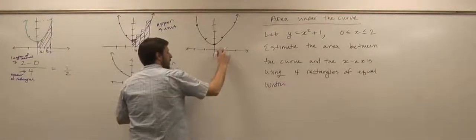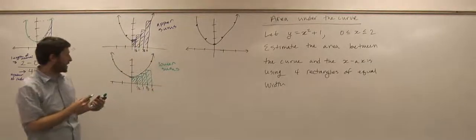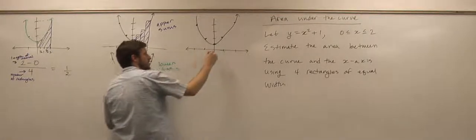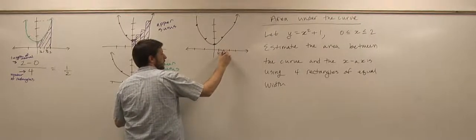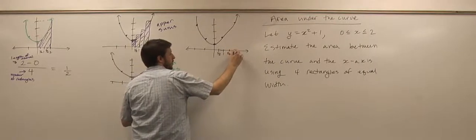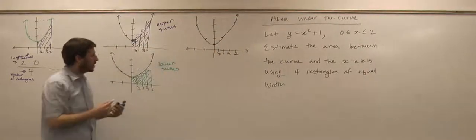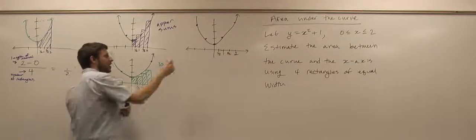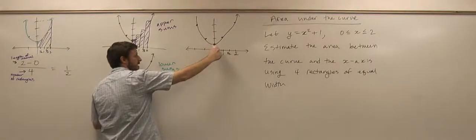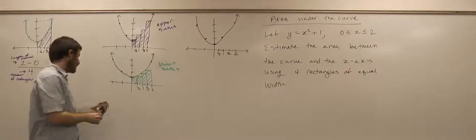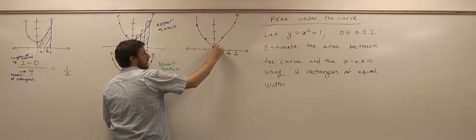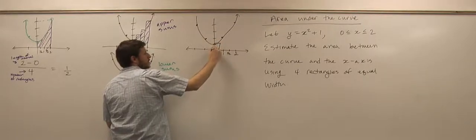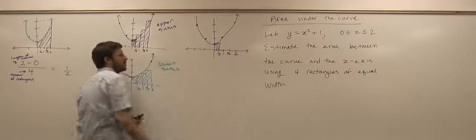In order to use rectangles that hit at the midpoint, you have to subdivide into your four 1/2-width rectangles. For the first rectangle, I can't use the left part of it to go up, and I can't use the right part of it to go up. If I'm doing midpoints, I have to use the middle of this subdivision and go up to the curve. So when you use the midpoint rule, you'll have a little bit above the curve and a little bit below the curve.